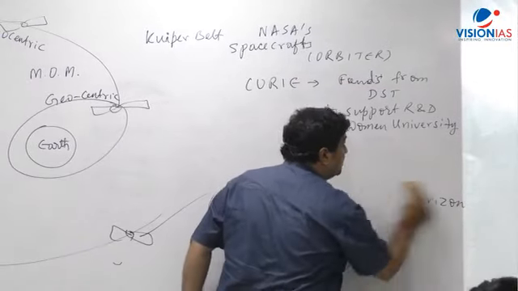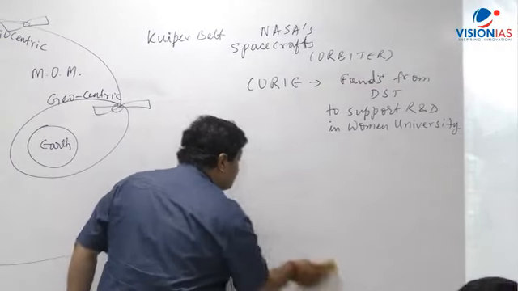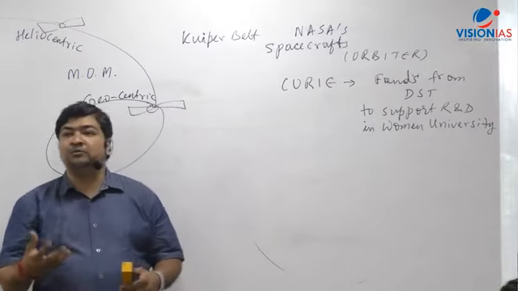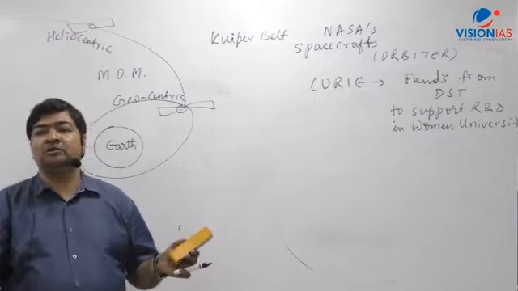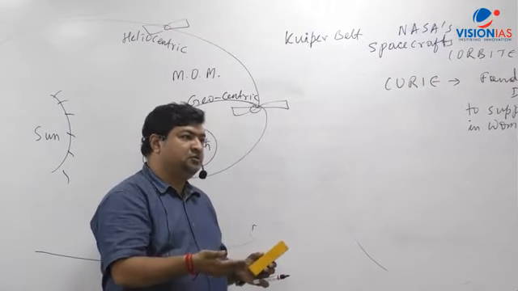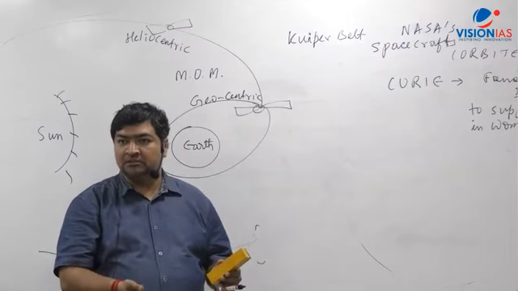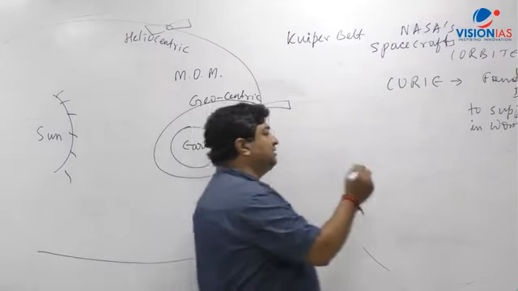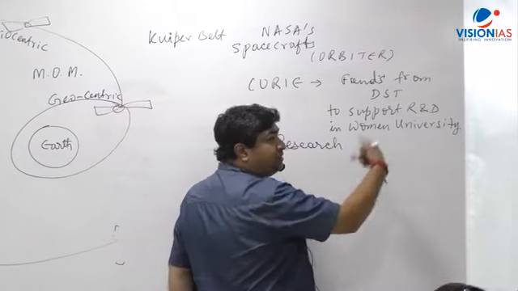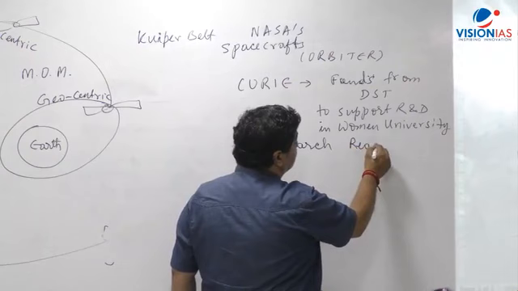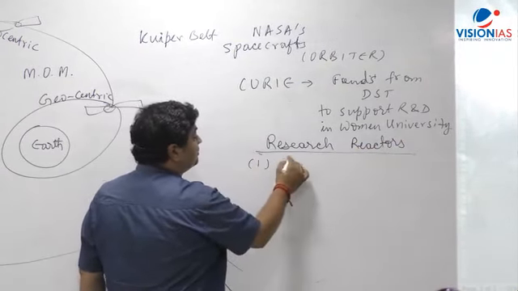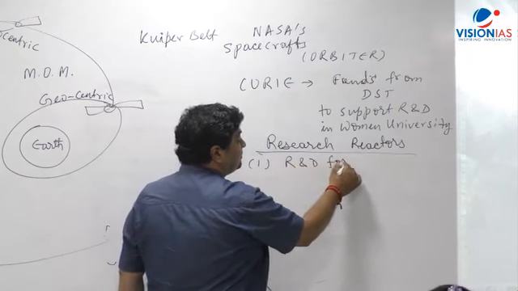BARC, Bhabha Atomic Research Centre, has also developed a number of research reactors for carrying out R&D, research and development. Sometimes to build a new type of reactor, we first work on a research reactor. Research reactors are also used for training of scientists who join BARC. So let me write here. When you talk about research reactors, the first thing is that they are used for R&D for new technology.